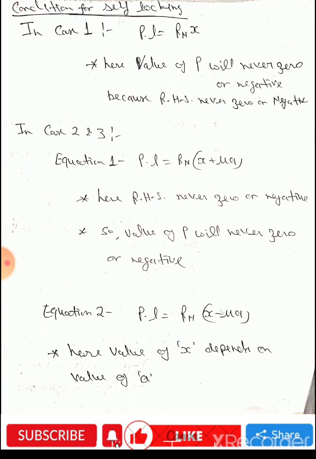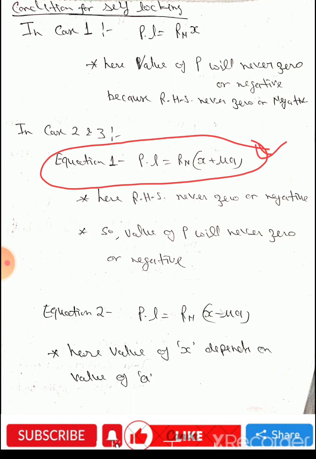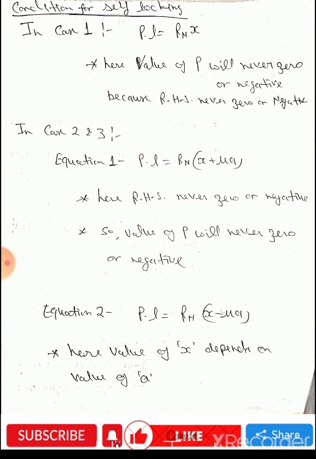So please see equation number 1: PL equal to Rn (x plus mu a). In this equation we can see the value of x is never 0 and the value of a is never 0, so the right hand side is never 0 or negative.